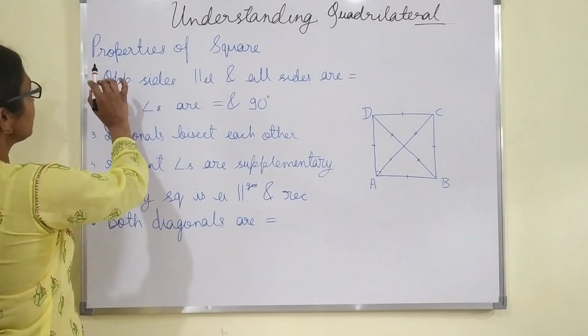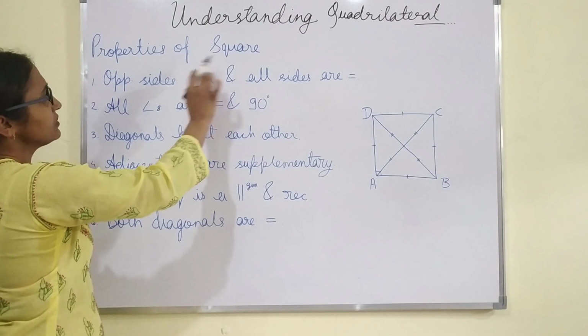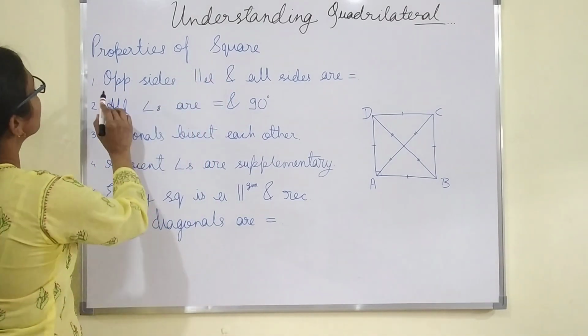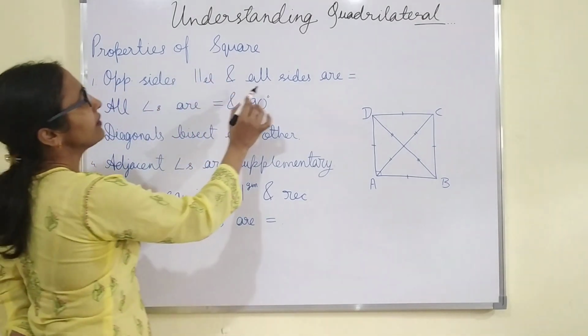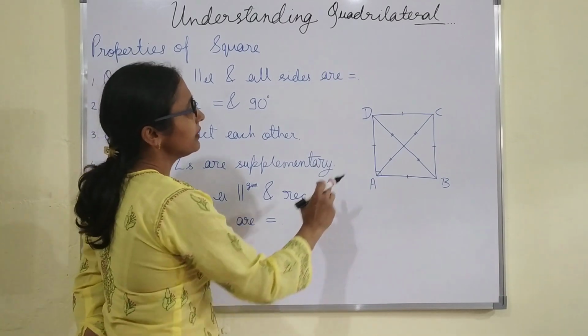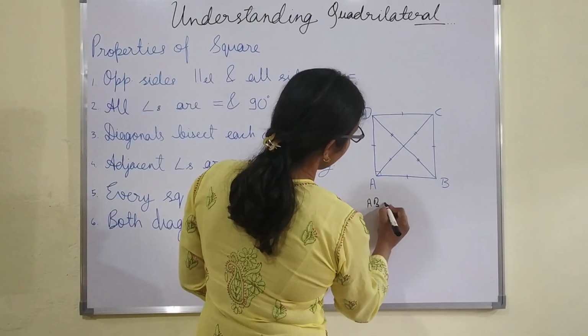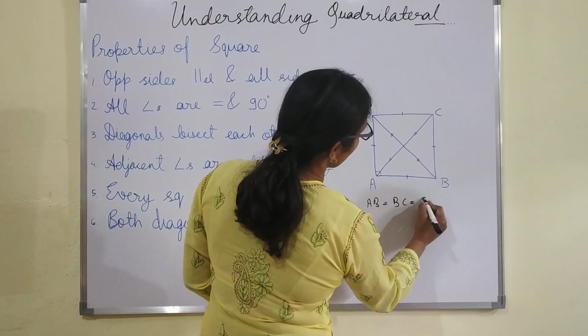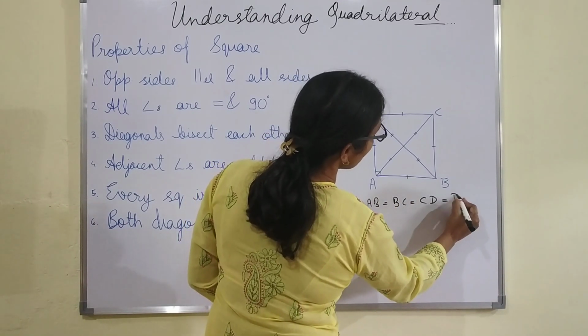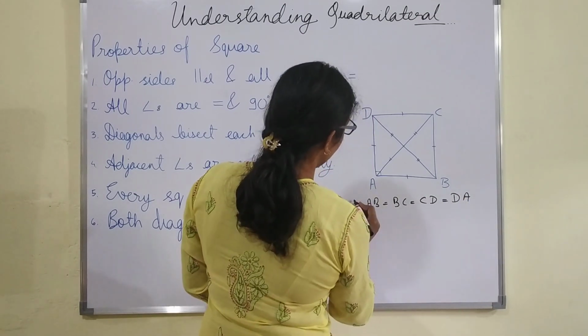Now, next is the square. Properties of a square. Opposite sides are parallel and all sides are equal. In a square, all sides are equal. Means AB equals BC equals CD equals DA. Okay.